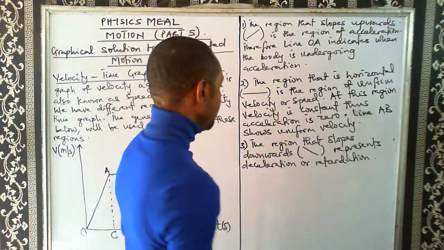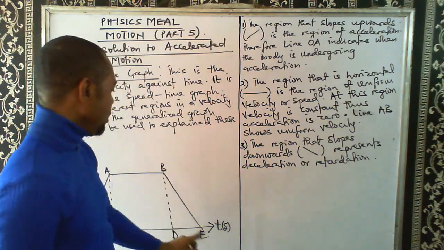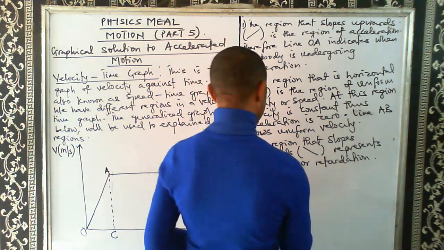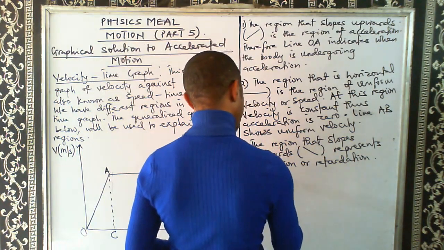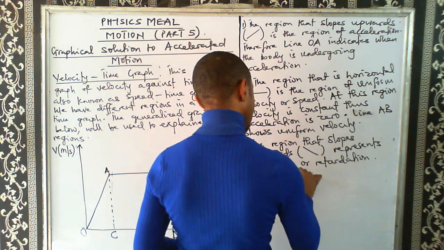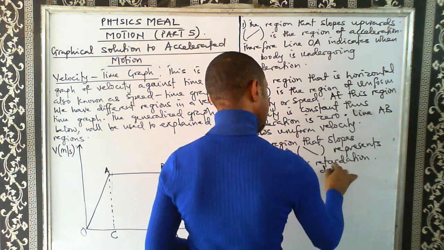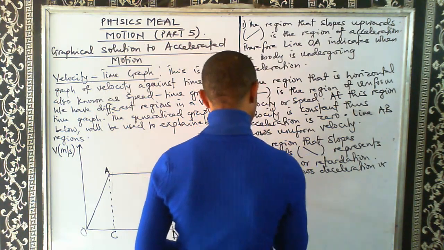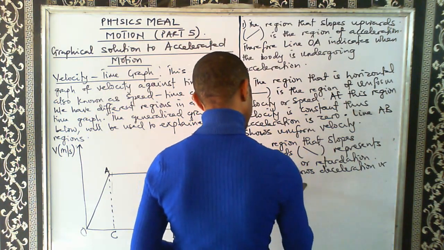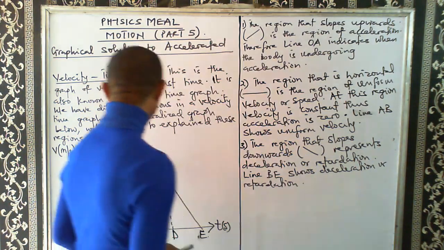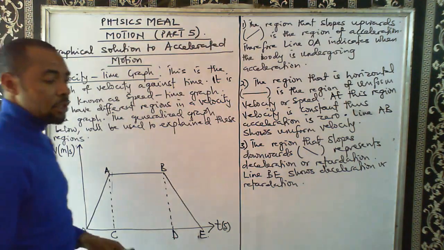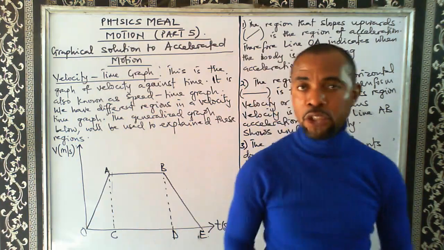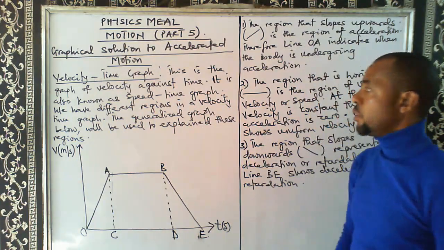So this region now, line BE, shows deceleration or retardation. That's what it shows. So here is deceleration or retardation.